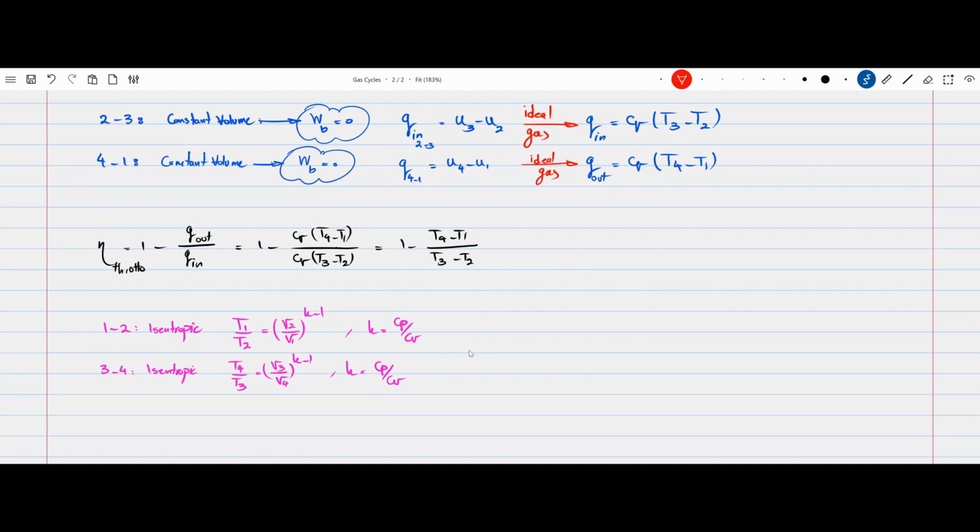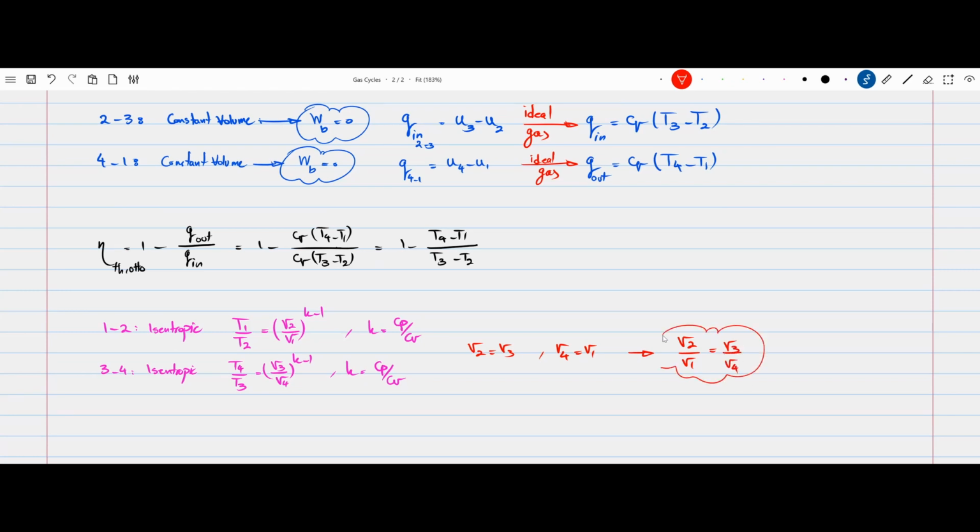Now, please take note that because 2 to 3 is a constant volume process, V2 is equal to V3, and because 4 to 1 is constant volume, V4 is equal to V1. This means V2 over V1 is equal to V3 over V4.